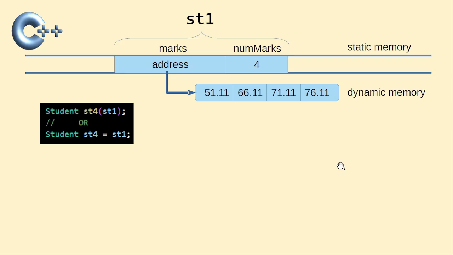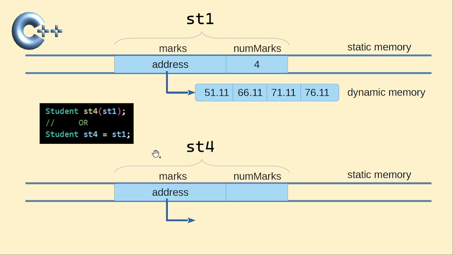Now with this st1 object with the data that is shown over here, if we execute this statement on the left side to invoke copy constructor to create a new object called st4 by copying the data from st1 object, what happens is the object is created in static memory first.